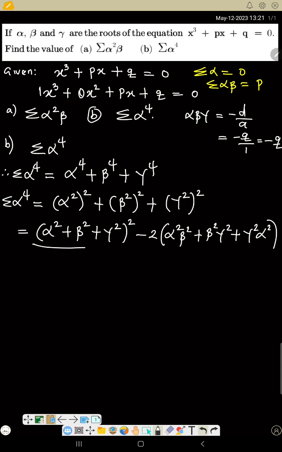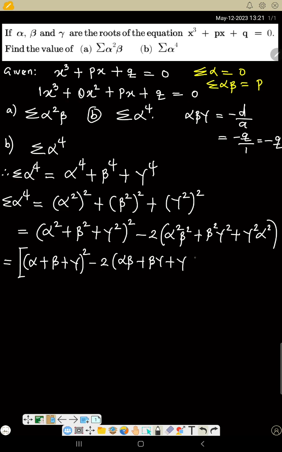So this one alone is equals to alpha plus beta plus gamma square minus 2 alpha beta plus beta gamma plus gamma alpha, so everything raised to power 2, because there is 2 outside.